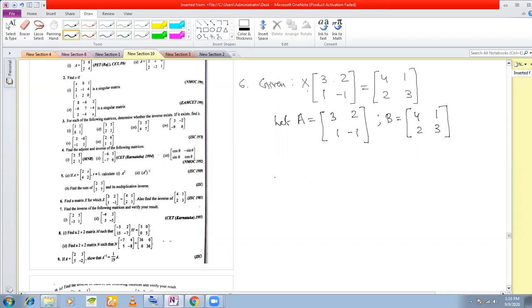I've assumed these two matrices. Therefore, the equation becomes XA is equal to B. Now post multiply both sides by A inverse.